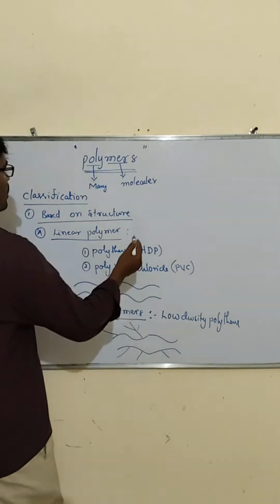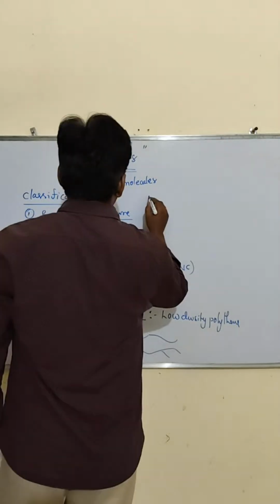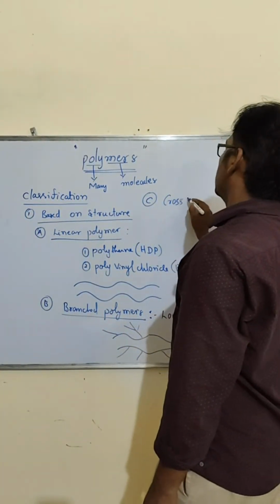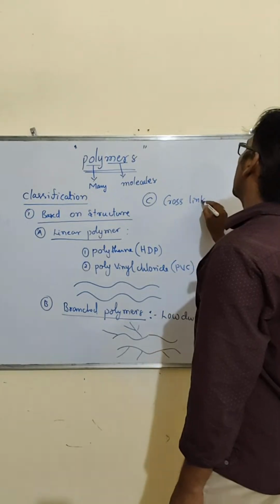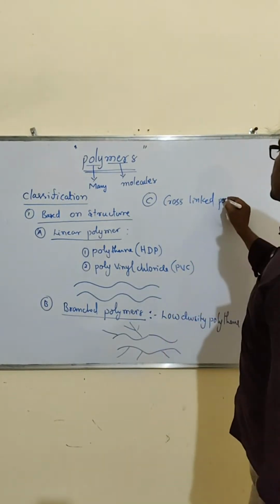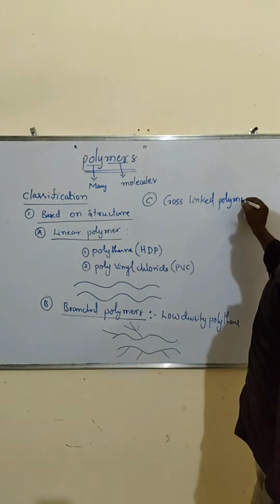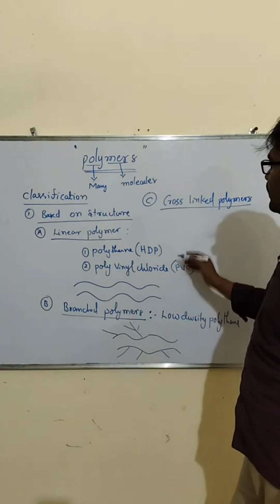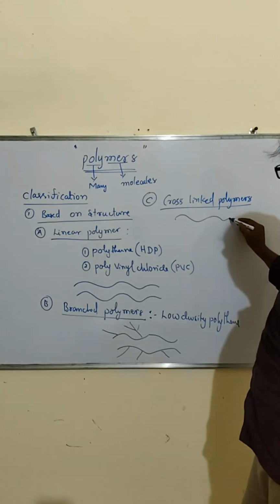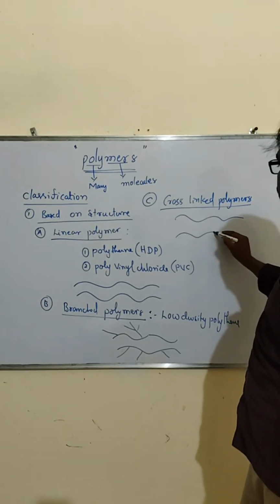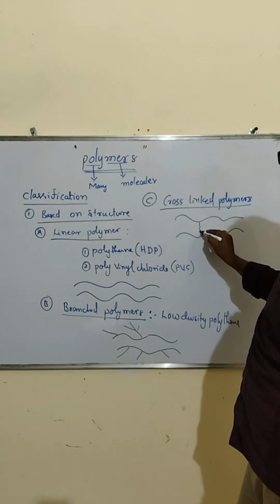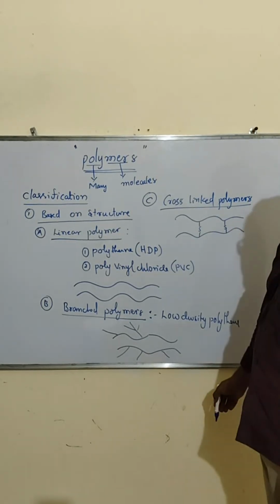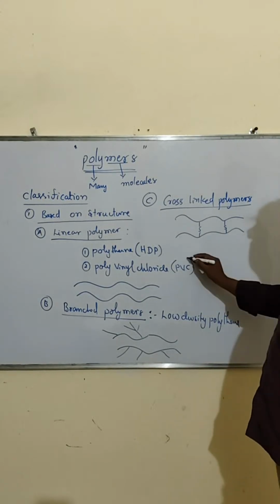Then next one, cross-linked polymers. That is C, cross-linked polymers. So what are the cross-linked polymers that we have to discuss? So cross-linked polymers nothing but, so linear polymers are held together with cross links, either hydrogen bonding or sulfur bonding or disulfide bonds.